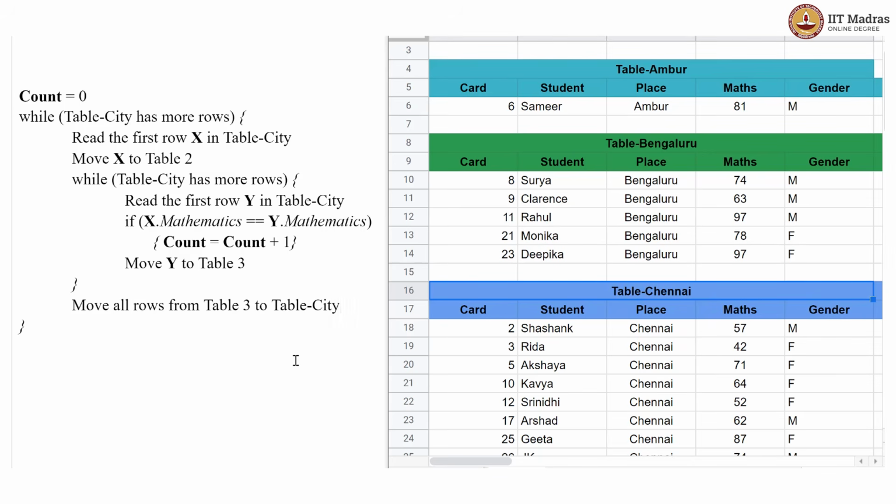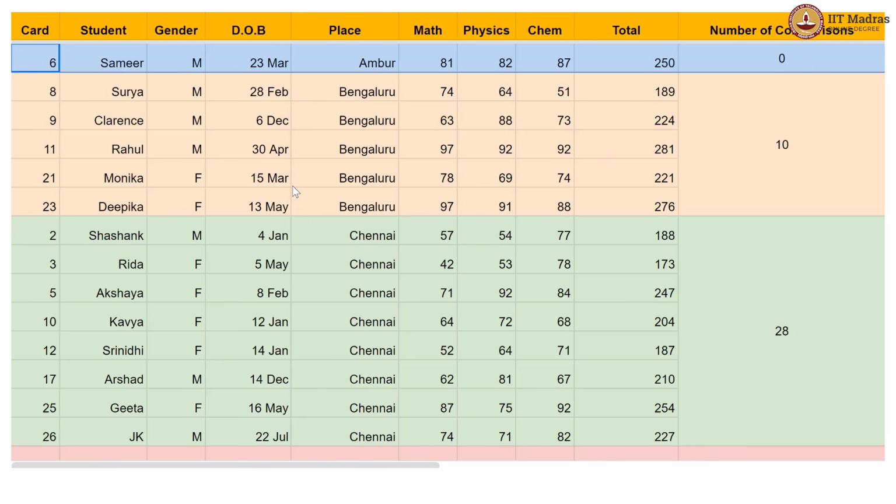So we can now look at the number of comparisons it's going to take. For that, let's look at how many rows are there per city. So here we see the number of comparisons that we do per city. So per table, how many comparisons comes out?